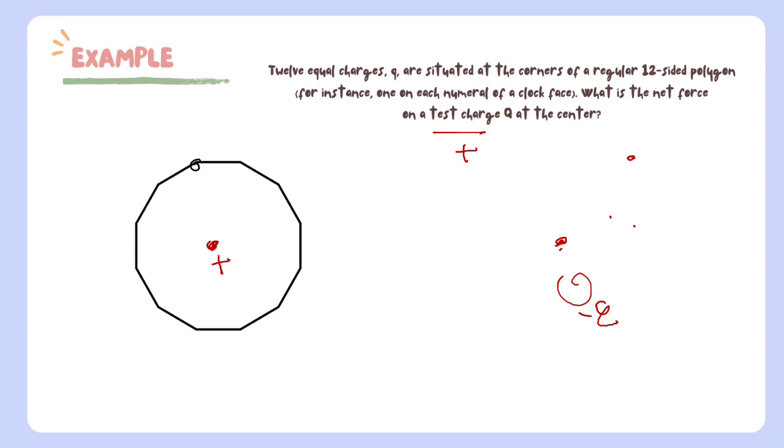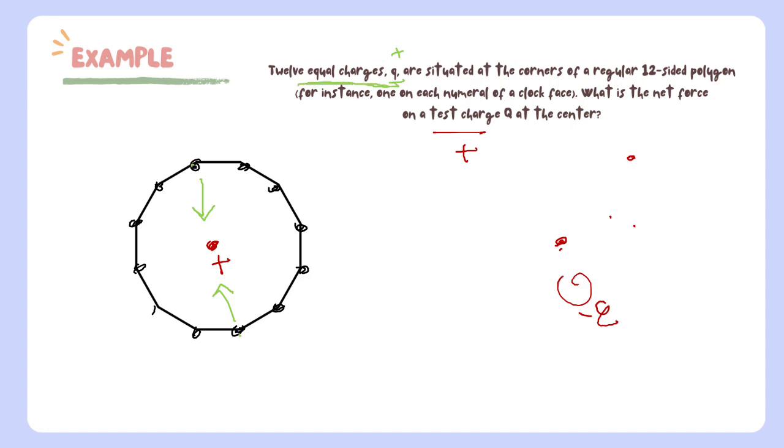And we have charges all over this 12-sided polygon. Because it's 12-sided, I'm pretty sure by now you can see that it's symmetrical. If it's symmetrical, its vectors will cancel out. What I mean by that is, let's say the charge is positive, this electric field will be cancelled out by this electric field. First of all, they're 12 charges Q, they're equally charged.